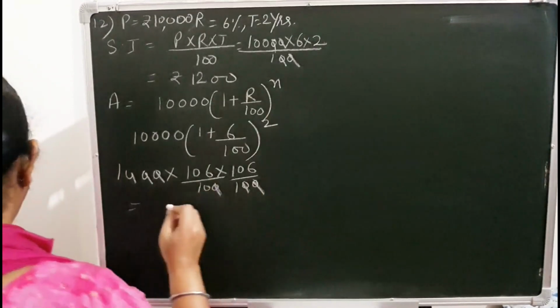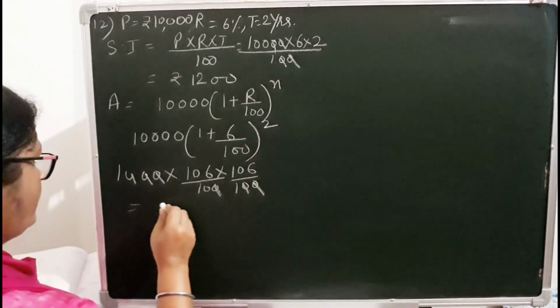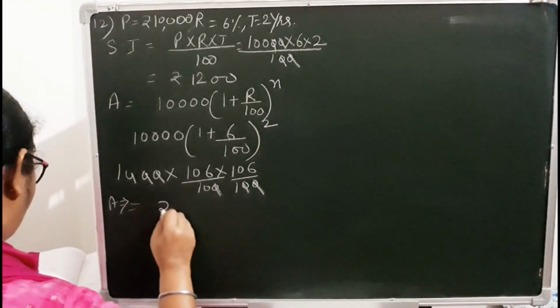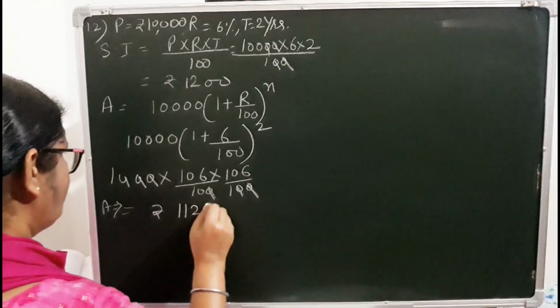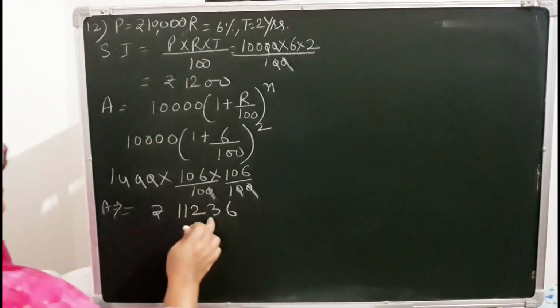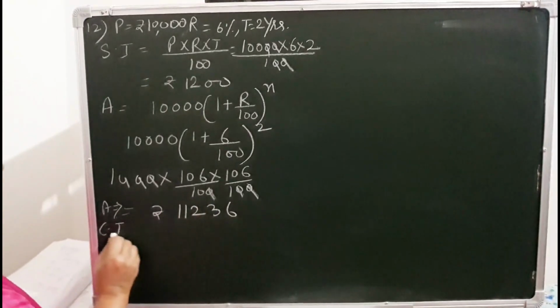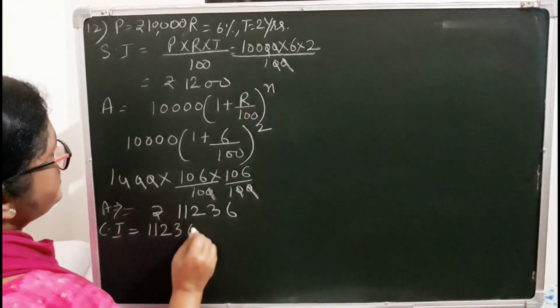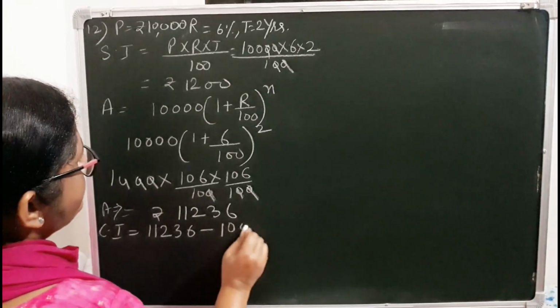Now after solving, the answer is the amount is rupees 11236. This is the amount. Now compound interest is final amount minus principal, 11236 minus 10,000.